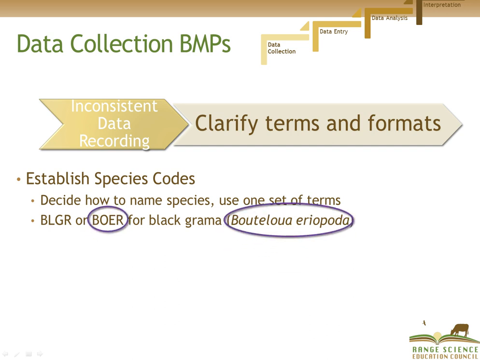Most commonly, researchers will choose to use the scientific name, and that's because it is less ambiguous than common names. It's important that this is agreed upon and followed by data recorders.